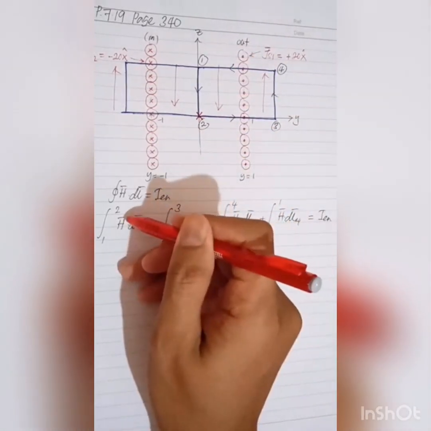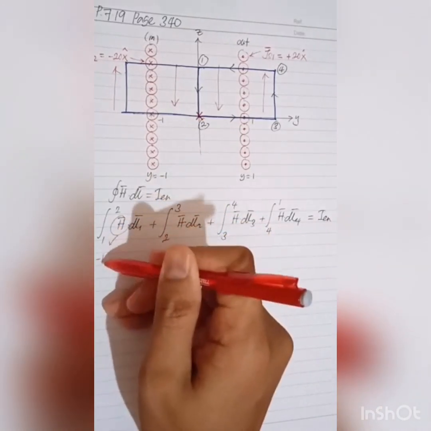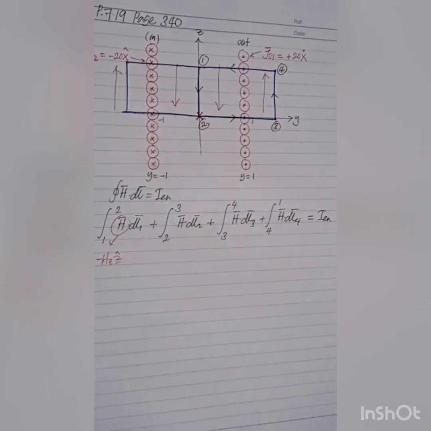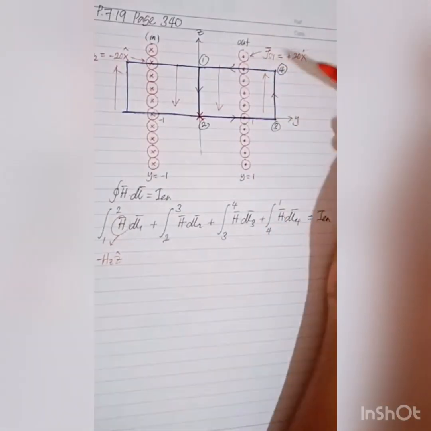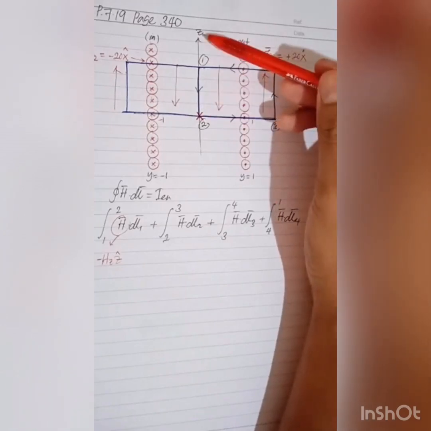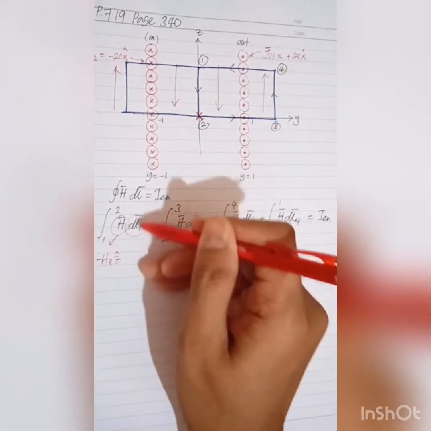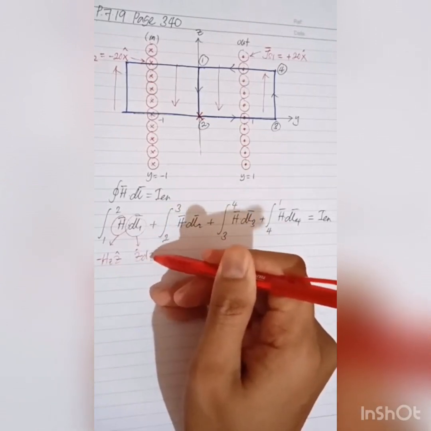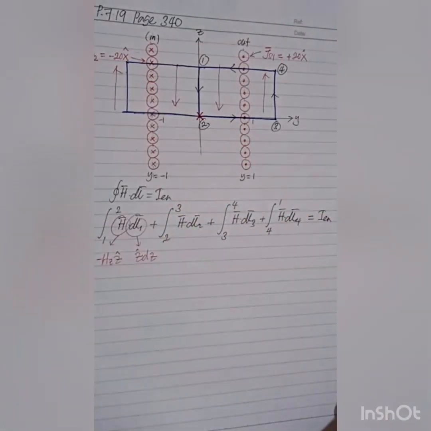So you can simply change this to negative H in the Z direction. And if you calculate the dl, this path here lies on the Z axis, so you can also simply change this dl to dz. Don't care about the sign, just take the dl, because we're going to take the sign based on the limit afterwards, not now.